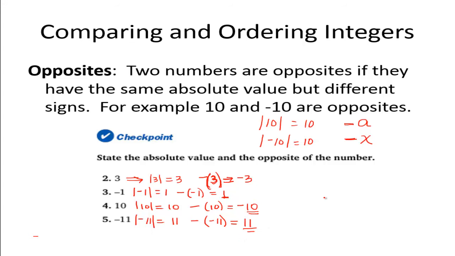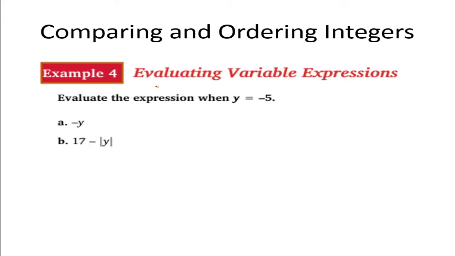Okay, let's go to our next slide. In this example, evaluating variable expressions, they give you these two expressions and they want you to evaluate them when y is equal to negative 5. So for letter A, I have this expression. And remember I said we're going to read this as the opposite of y. So remember when we evaluate, the first thing we do is we substitute.